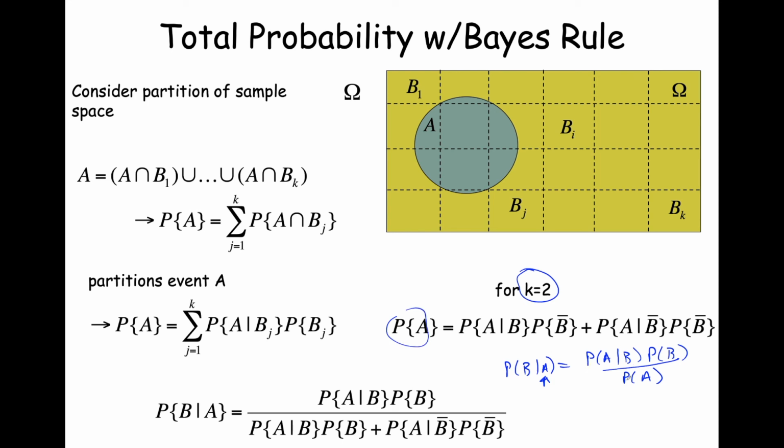The denominator now becomes the probability of A given B times the probability of B plus the probability of A given B bar times the probability of B bar.